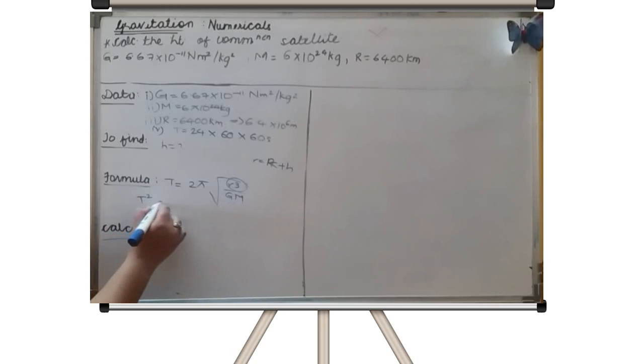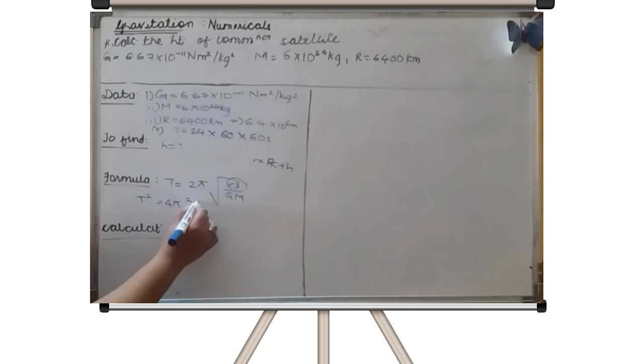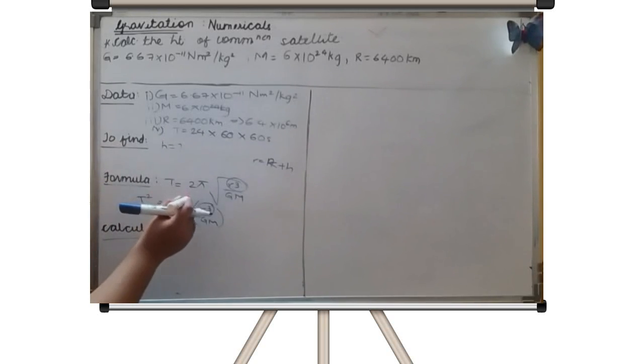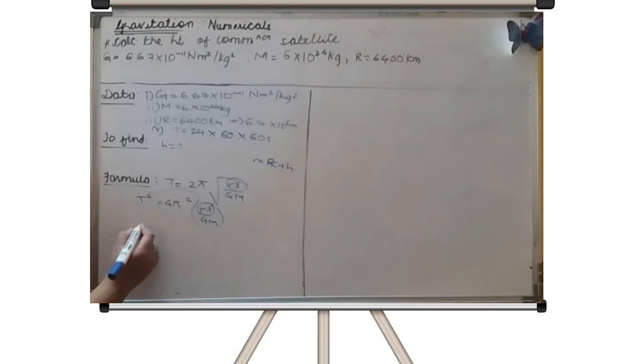T square is equal to 4 pi square r cube upon GM. We will remove this r cube and transfer it here. So this will become r cube is equal to T square GM upon 4 pi square.